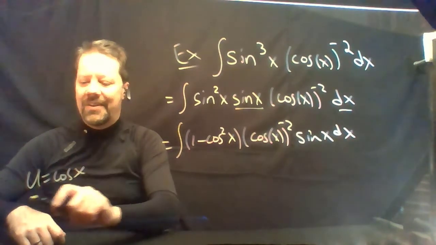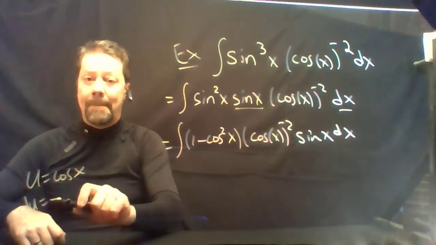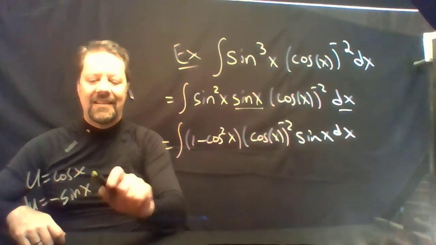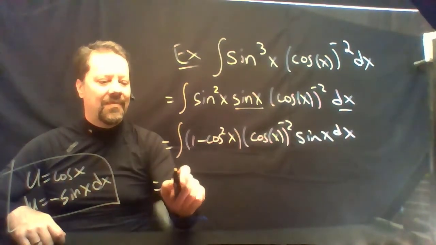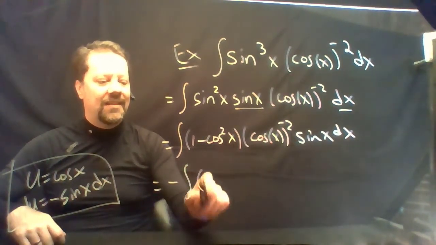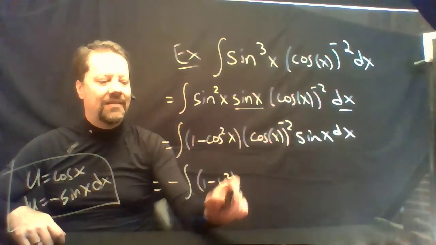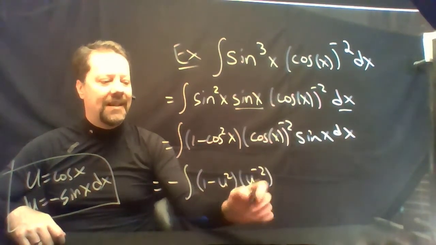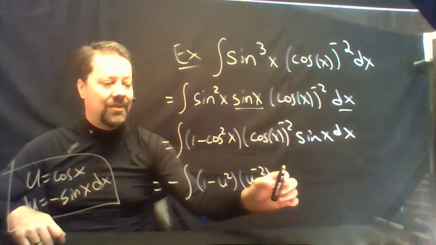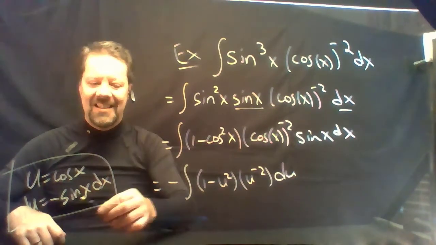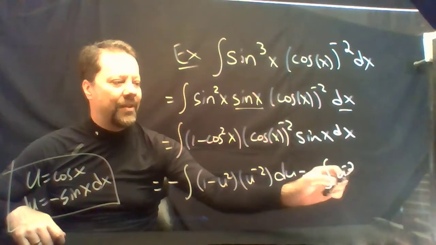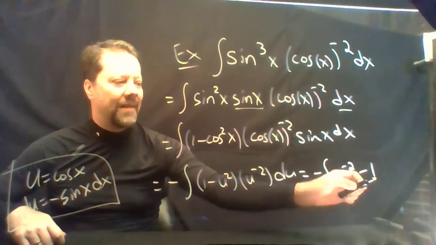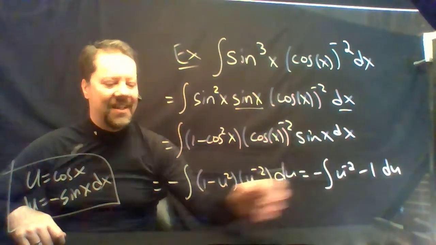u is going to be cosine of x, so du is minus sine x dx. Minus 1 minus u squared times u to the power of minus 2 du. So we'll have minus u to the minus 2 minus 1 du.